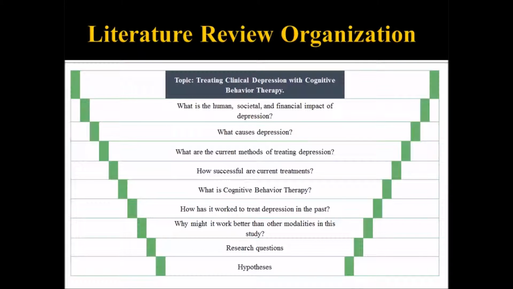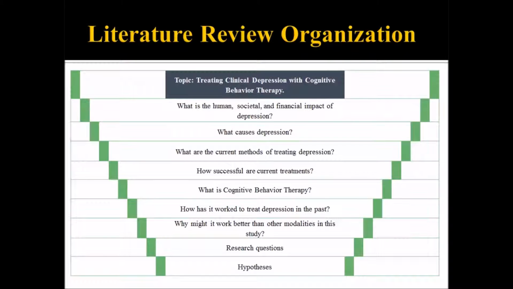Then you might want to propose and then answer the question, why might it work better than other modalities in this study? Considering, as I mentioned before, that depending on the severity of depression and the individual, depression can be very serious, rather than a control group where a certain number of participants receive no treatment, it would be more likely that they would receive treatment as usual or treatment from another modality that you're testing.